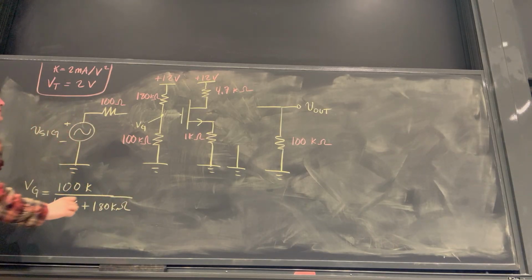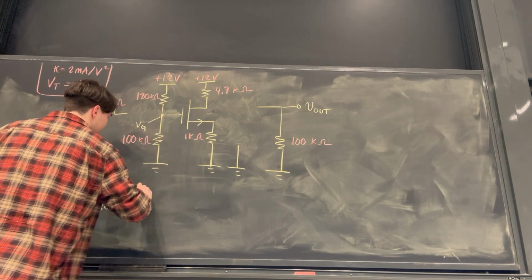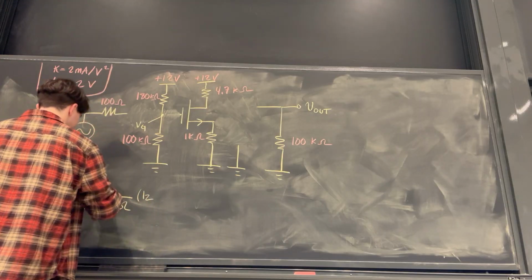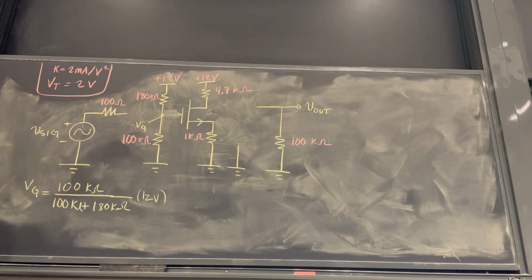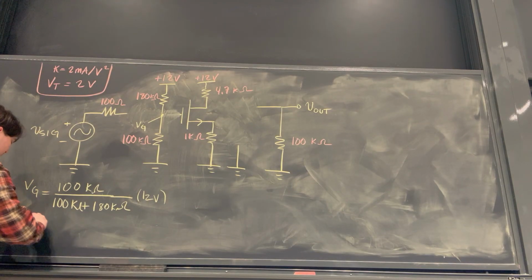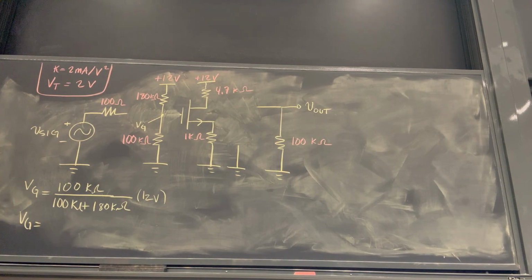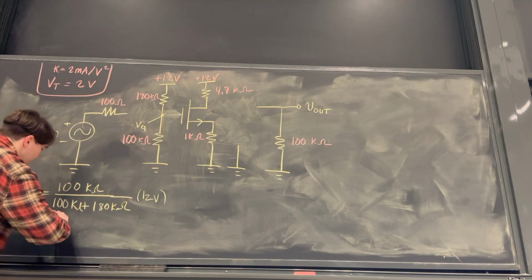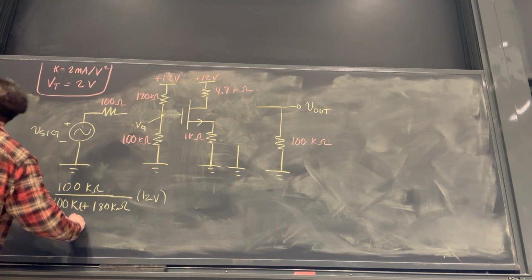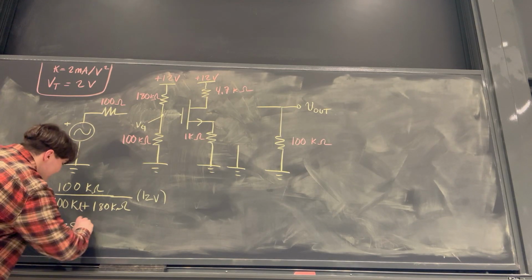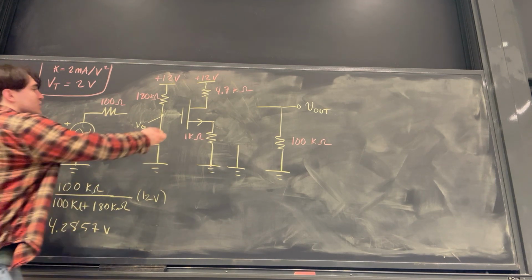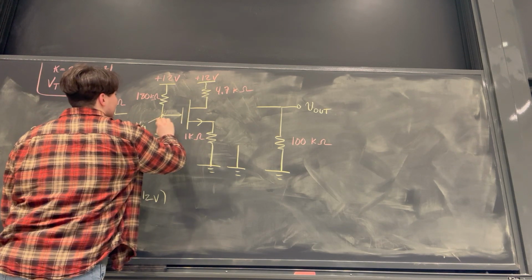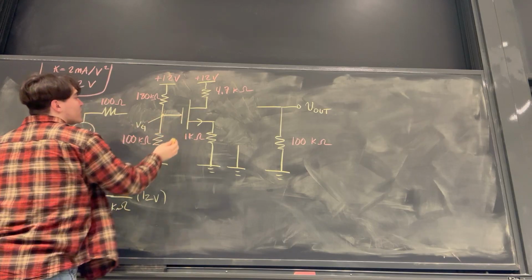And then that's going to be multiplied by the total voltage, which is 12 volts at the top here. Let me add in the units just so we're consistent. If we solve for the voltage at the gate, VG, we find that it is equal to 4.2857 volts.